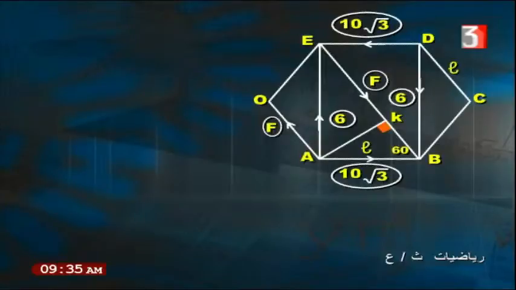Also, two forces, each one is F, which act at AO and EB. And we have two forces, 6 and 6 Newton, which act at ray AE and ray DB. What do you notice?